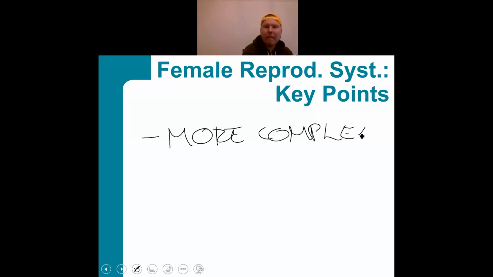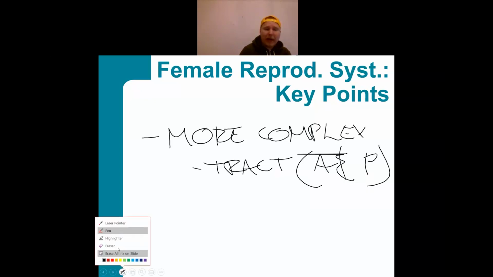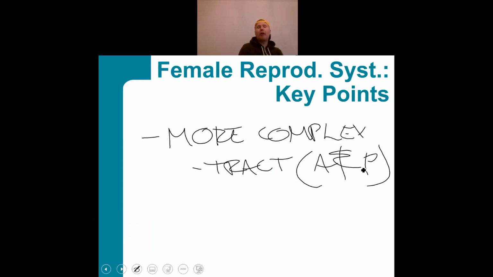So we have both anatomy and physiology to look at for the female reproductive tract, because not only do we want to be comfortable with the structures, the female reproductive system especially has lots going on in terms of the actions, the physiology.